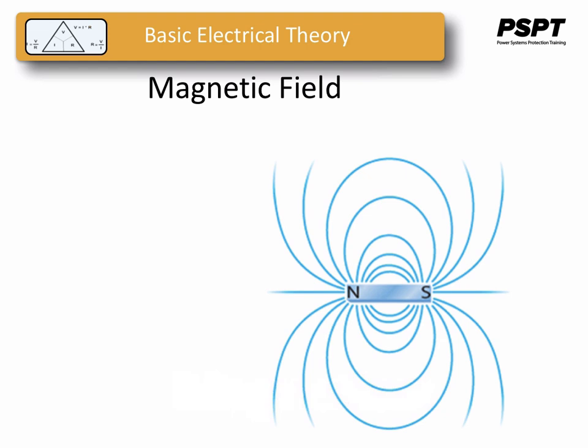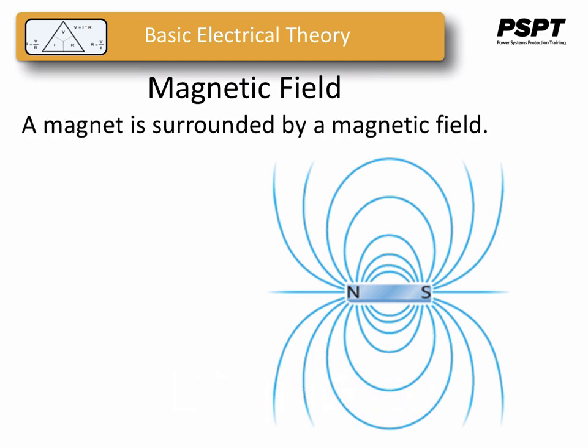But I'm going to look at permanent magnets just for now, because it demonstrates what the characteristics of a magnetic field are, and then we will transpose those over to electromagnetic fields because they act in the same way.